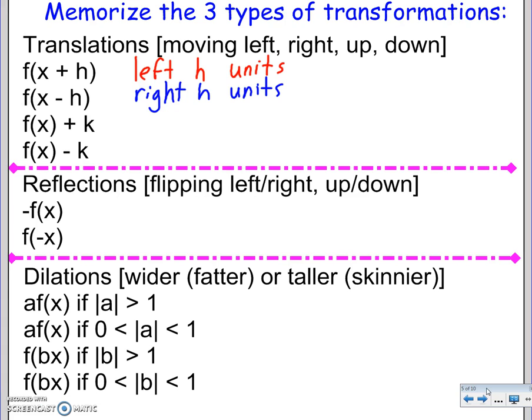K is by itself. It's not stuck with x. So that's y. Y controls up and down. And the nice thing for this is you don't do a reverse and the opposite. If it's positive, that means you go up k units. And if it's f of x minus k, and k is just a number, and it doesn't change signs, that just means down k units.